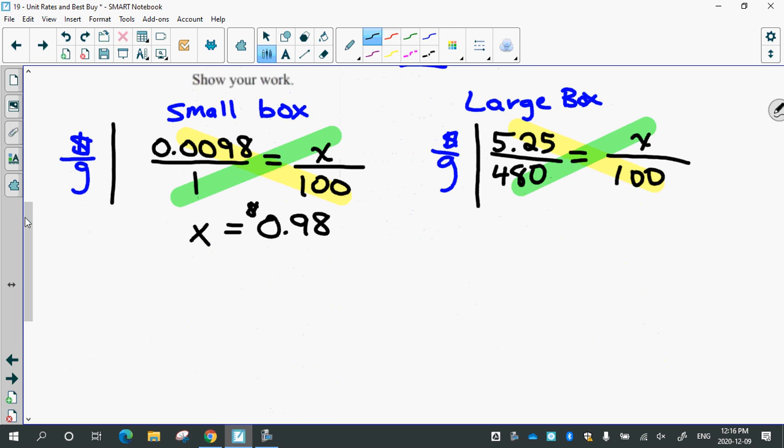So that's going to give me 480x equals 525 divided by 480.